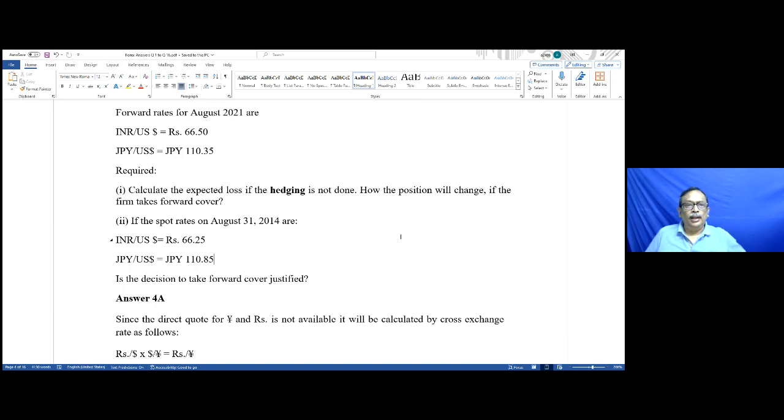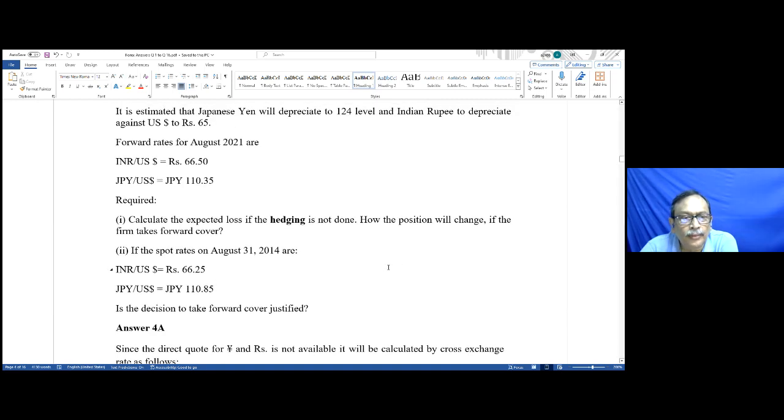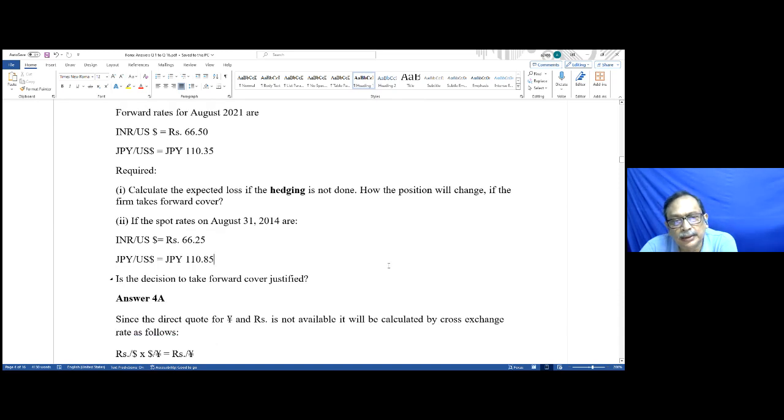Now, as per the question, the first asking is, calculate the expected loss if the hedging is not done, how the position will change if the firm takes forward cover.